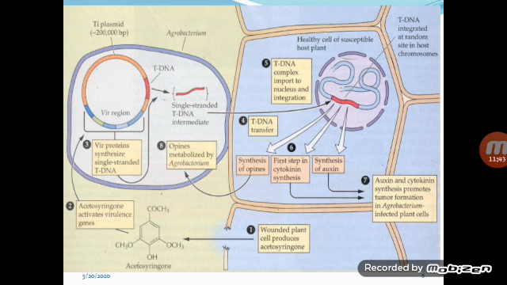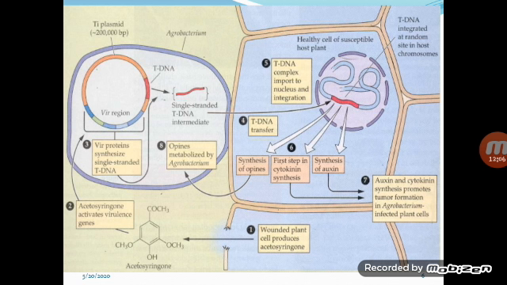In the bacterial cell, we have already studied that in the Ti plasmid there is an opine catabolism gene. That opine catabolism gene will catabolize or metabolize opine.